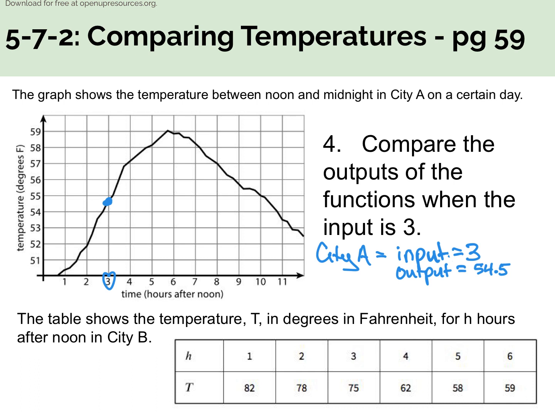Then let's look at city B, which is the table. Input is 3. Output, what goes along with 3? That is 75. Notice again how we're comparing both the graph and the table. They represent time frames in 2 different cities, but we can still compare them together because the time frames are the same. The outputs, or the temperatures, are different.